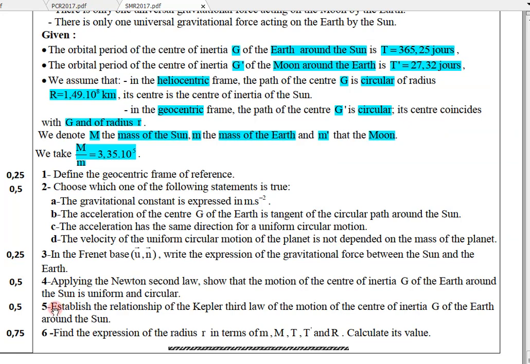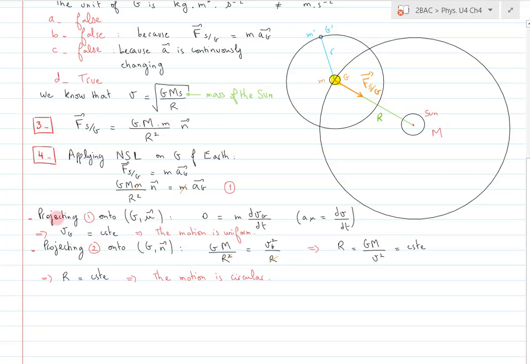Next, question 5. Establish the relationship of Kepler's third law for the motion of the center of inertia G of the Earth around the Sun. So we need to demonstrate Kepler's third law. First of all, Kepler's third law is T square over big R to the power 3.